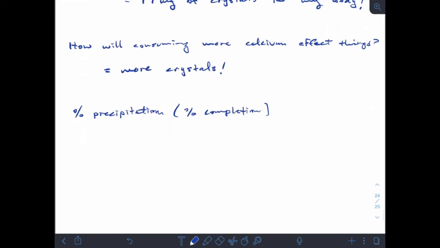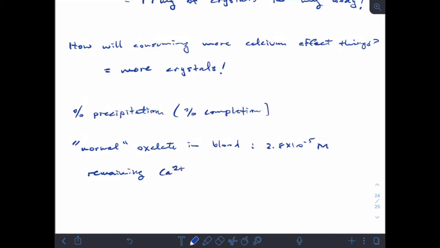Okay, so if the normal amount of oxalate in the blood is 2.8 times 10 to the minus 5 molar, and that means through our calculation we figured out that the remaining calcium was 0.022, and the remaining oxalate was 1.0 times 10 to the minus 6.